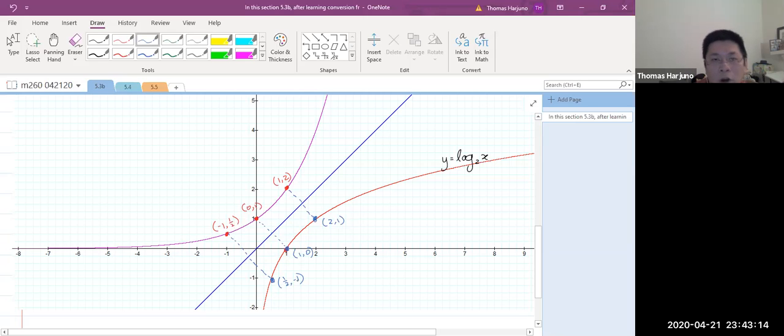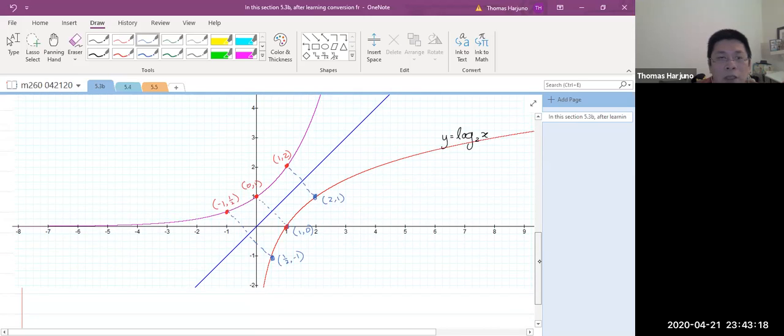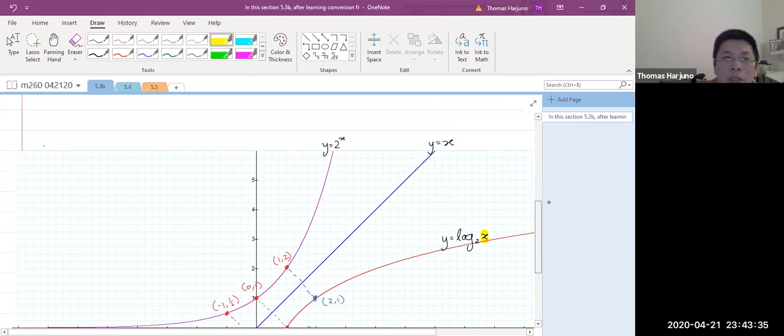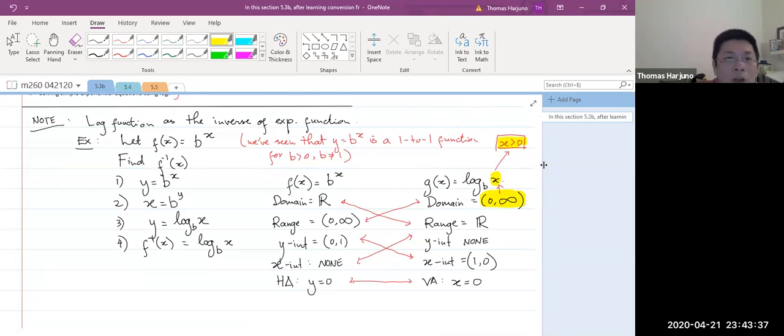Okay, now from the graph, you can also see that the domain of this log base 2 of x is all positive numbers. It has to be a positive argument. This x here has to be strictly positive. That's for the domain. So from the conclusion that the log function is the inverse of the exponential function, we actually get two things.